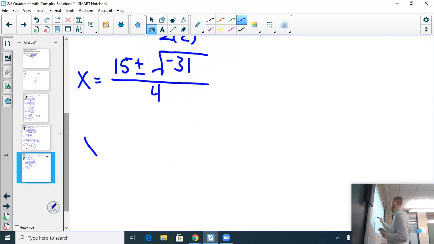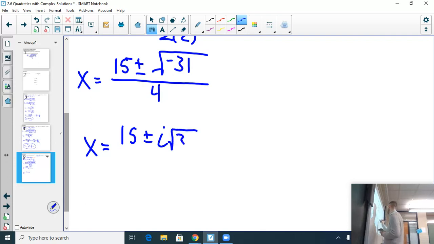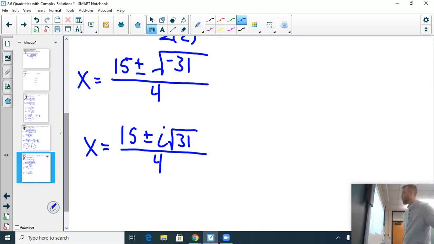Let's just continue to write this. We have x equals 15, and then we can pull out an i on the square root of 31, all over 4. And now, I don't think 31 breaks up nicely into anything, right? So we're kind of just left with that.